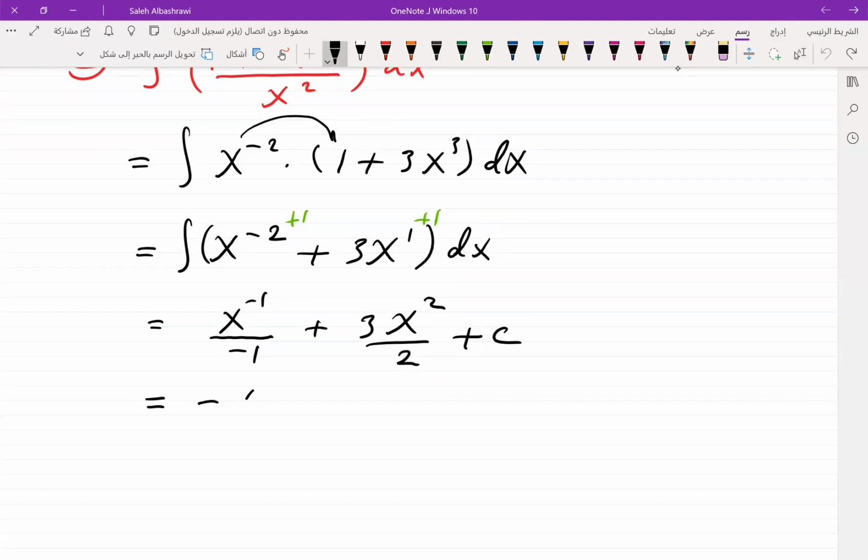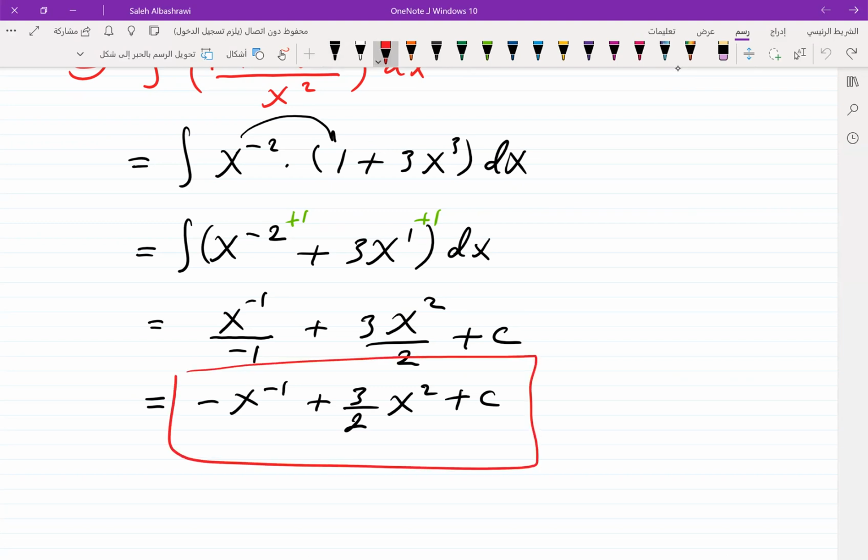So this is minus x to the power minus 1 plus 3 over 2 x to the power 2 plus the constant. This is the integration. So this is the idea of the indefinite integral. We need just to find the antiderivative of the function, but since this is indefinite, we add c to the answer.